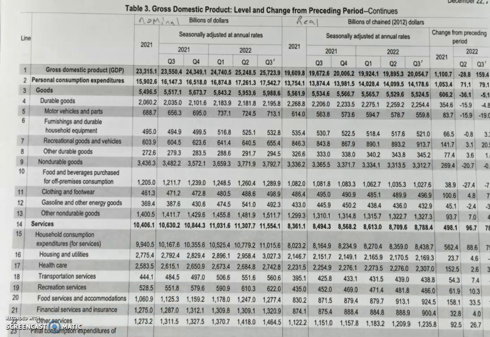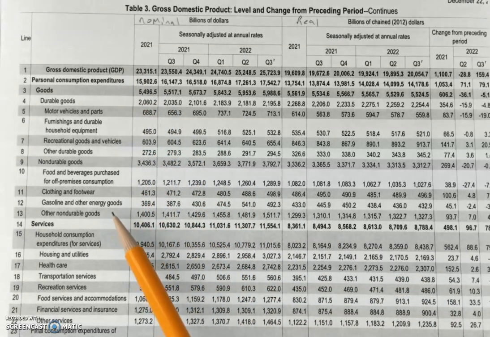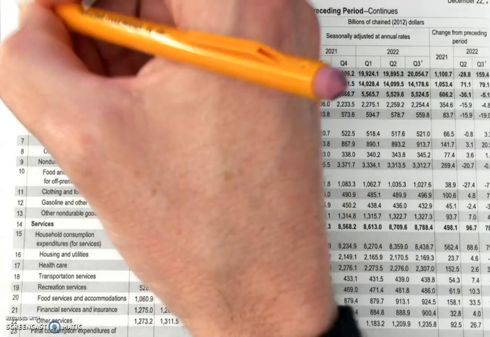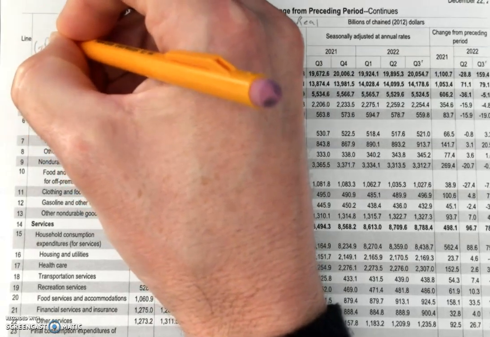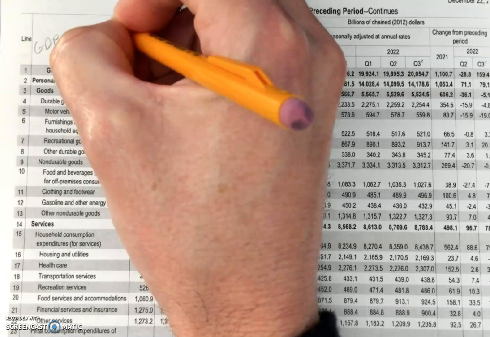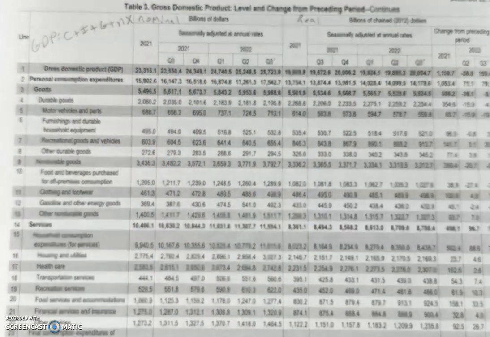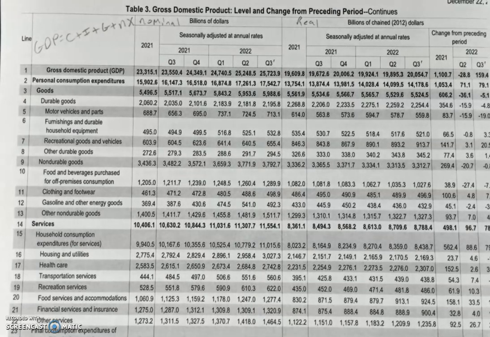Now, the other thing to keep in mind is the actual GDP and its subcomponents. So, for example, you may have learned in previous macroeconomic classes that GDP is equal to C plus I plus G plus net exports. Okay? Very famous equation there.